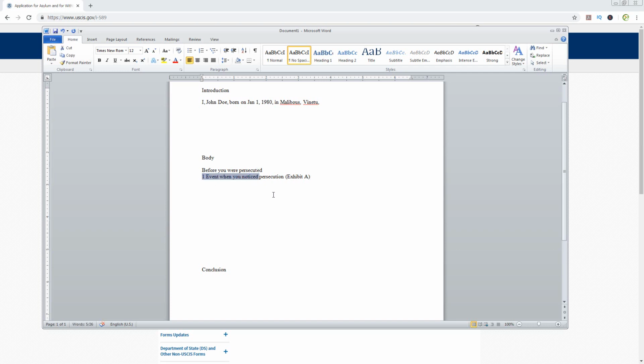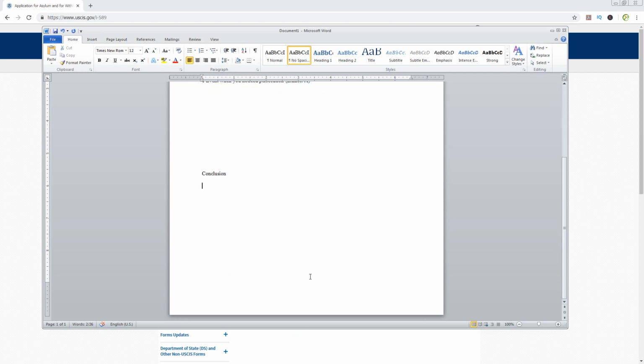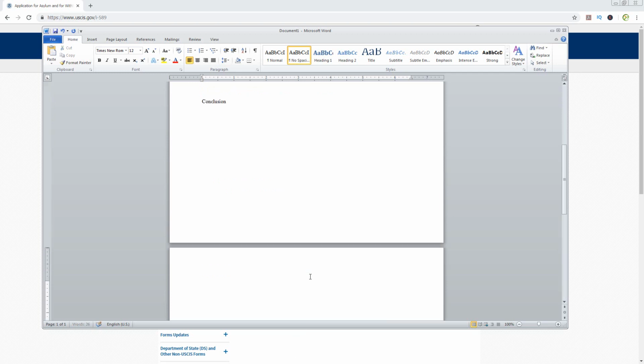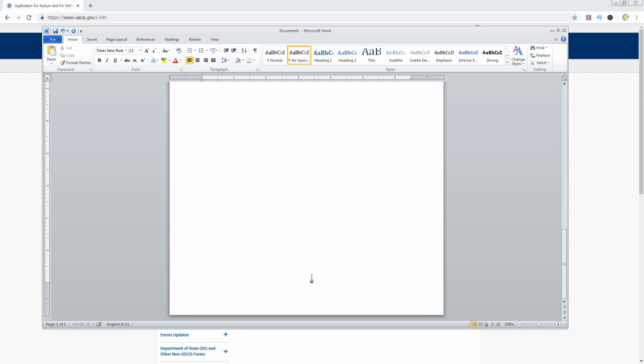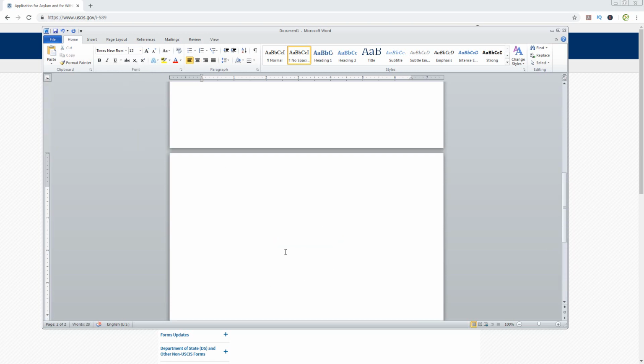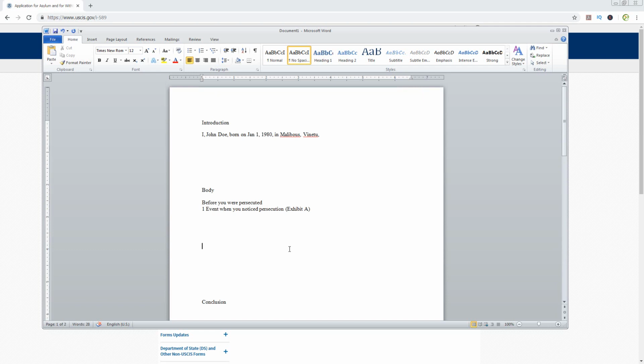You have the evidence showing that this event really did happen, and Exhibit A means that later, after the statement ends, you're going to have an Exhibit A attached to the statement.